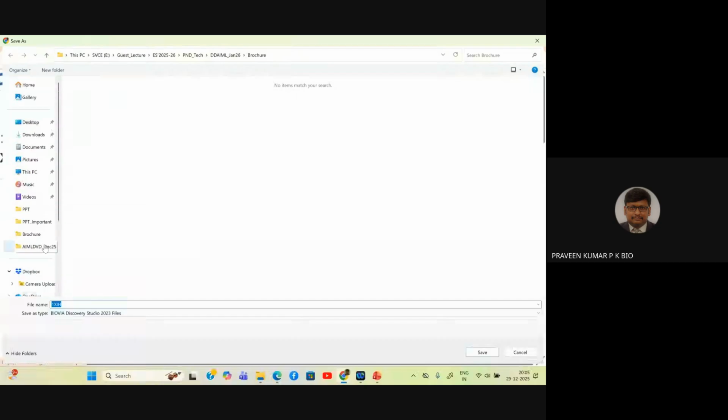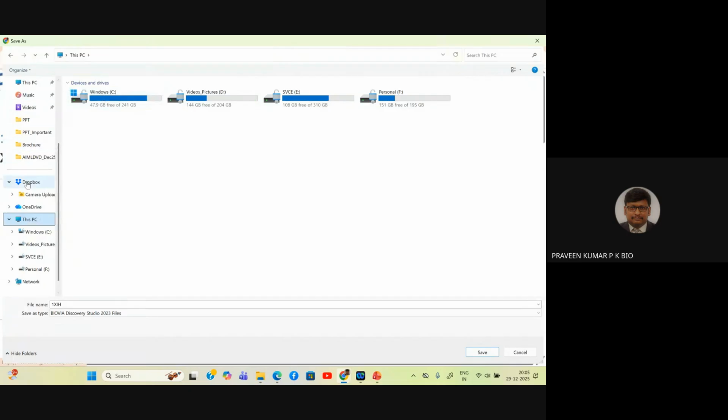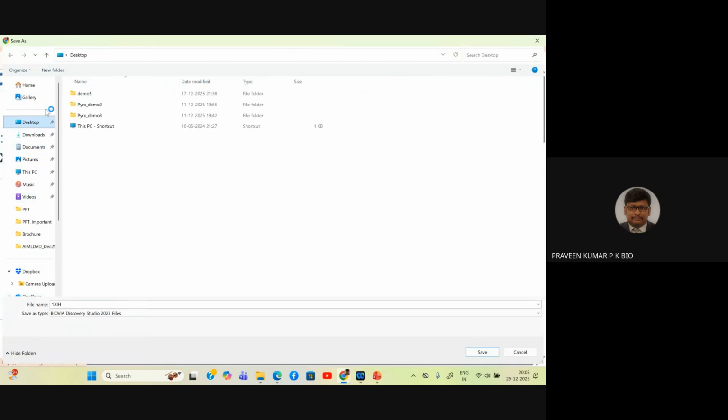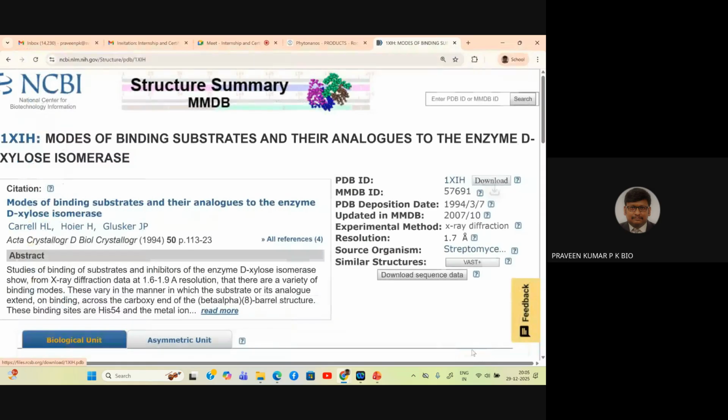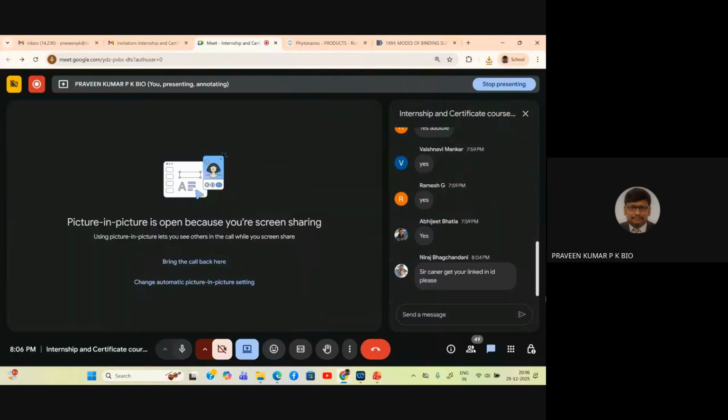Whatever we download, I create a folder on the desktop called AIMLDVD, so hereafter I'll be using this folder for illustration. So the structure I have downloaded. Today I've just completed how to download the sequence and structural information.